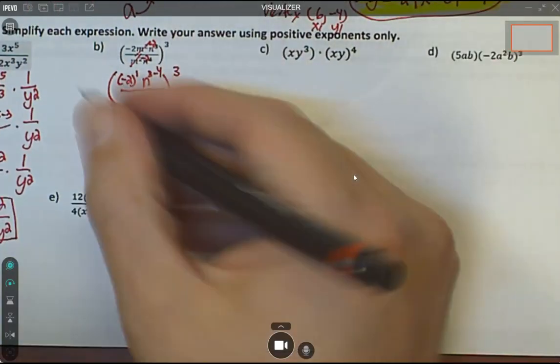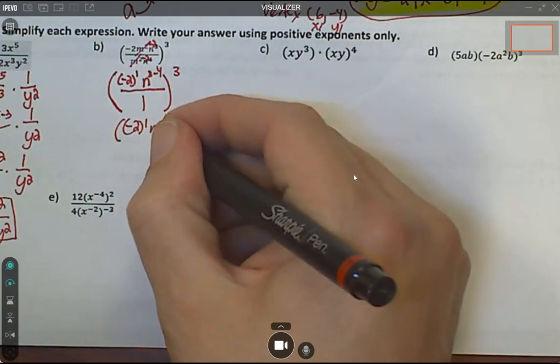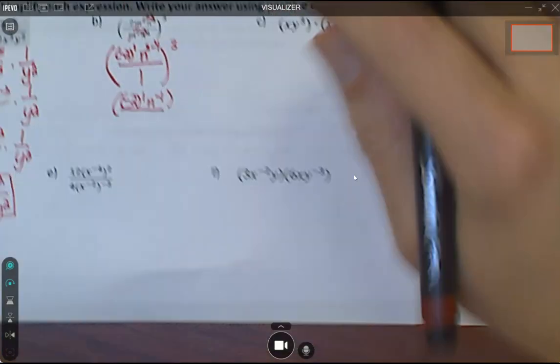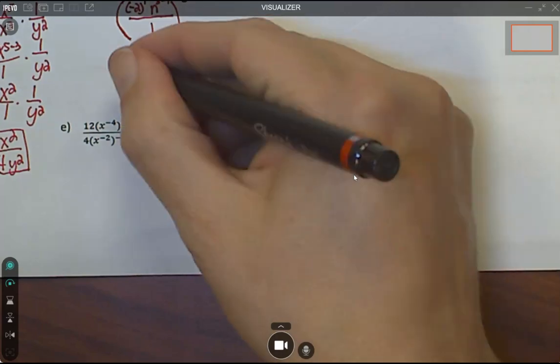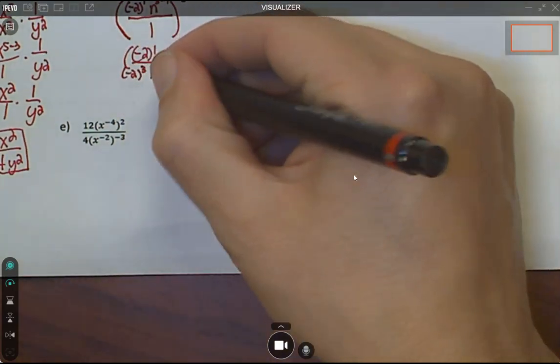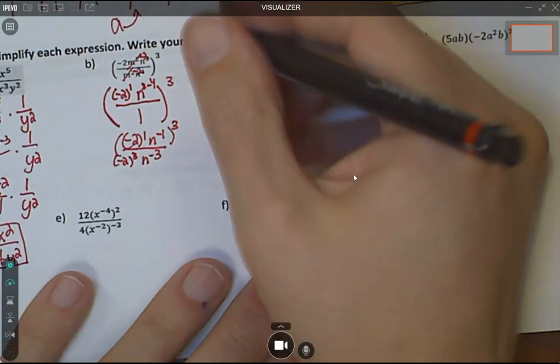Now I got -2 to the first, n to the -1. And we don't need to put it over 1. And so now we go to the third power. So I got -2 to the third, n to the -3. And it looks like I'm going to have to finish my answer up here.